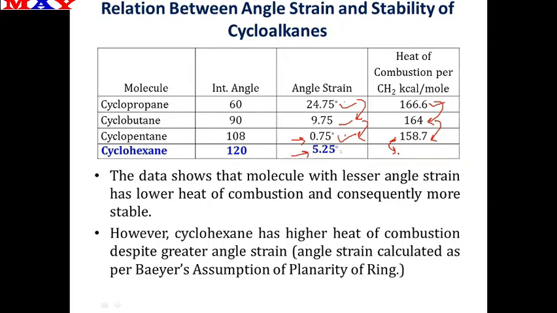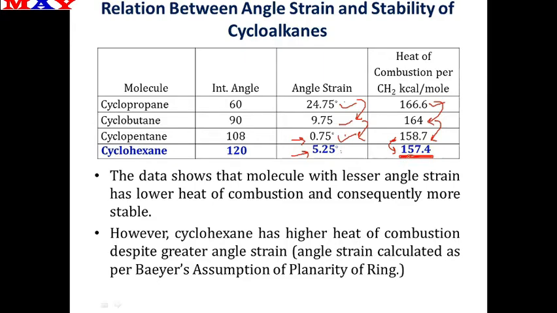But what has been noticed is that the cyclohexane molecule has heat of combustion for each CH2 in the range of 157.4 kilocalories per mole. This heat of combustion is equal to the heat of combustion in open chain compounds.